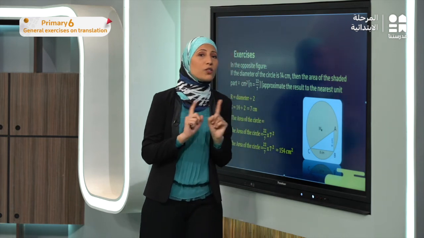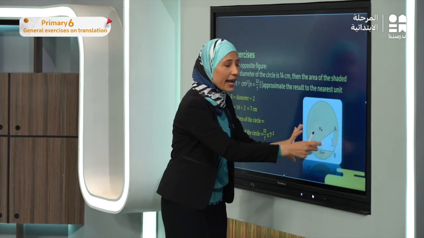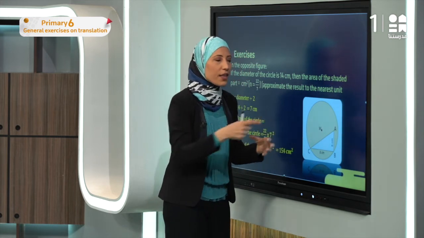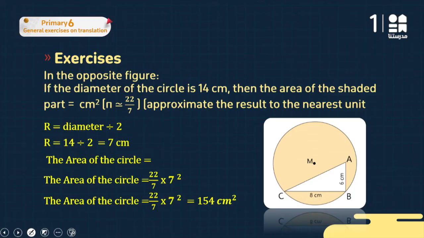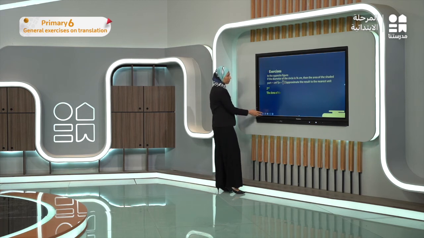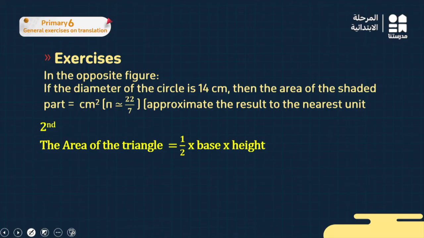But I don't want the whole area. I need to remove the triangle part. So I will subtract the area of the triangle from the whole area of the circle. How can I find the area of the triangle? Can we remember? The area of the triangle is half times base times height.